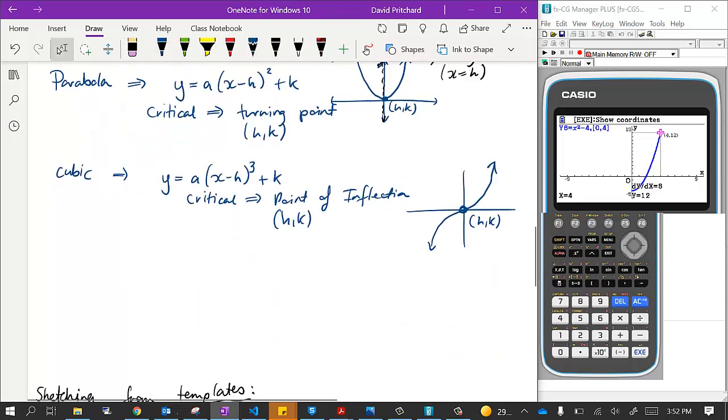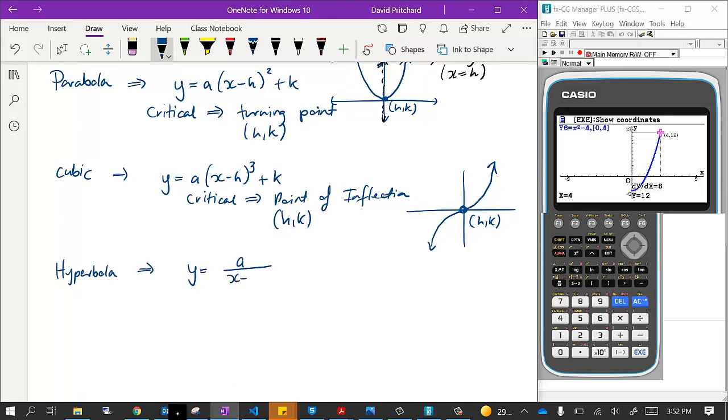The third one we looked at was a hyperbola, and that's in the form y = a/(x - h) + k. Our critical points are not actually critical points, they're asymptotes, so they're lines that we cannot cross, and they will be x = h and y = k.